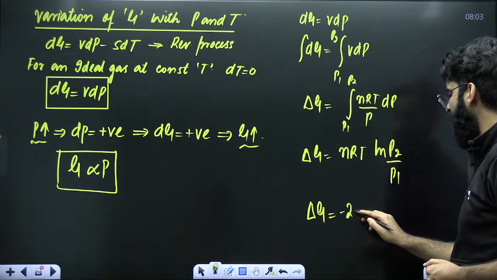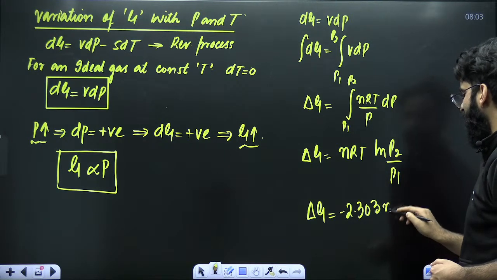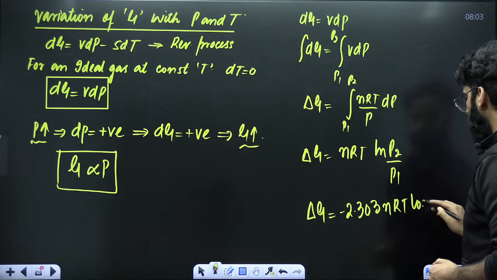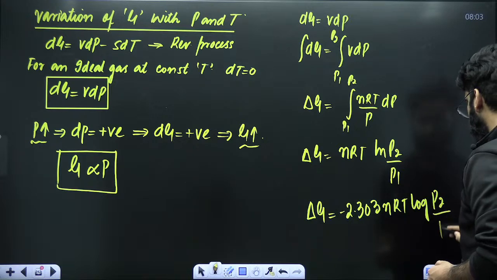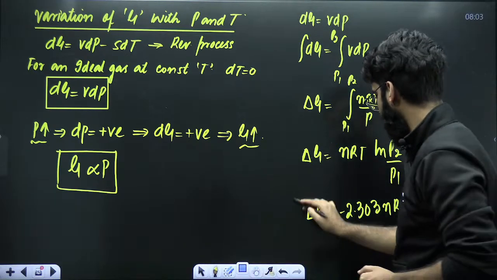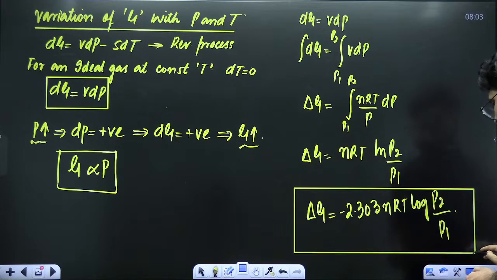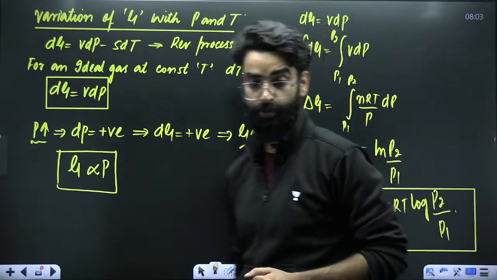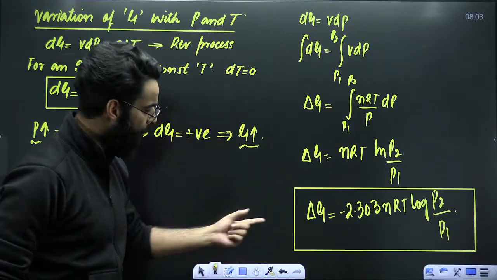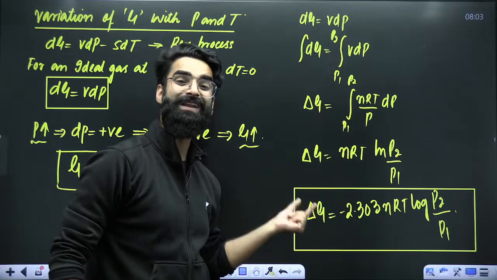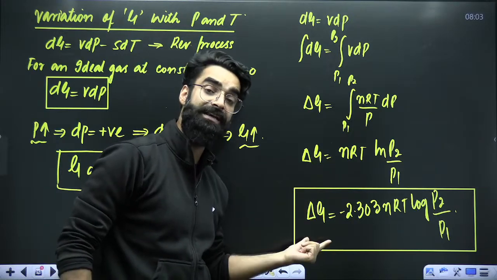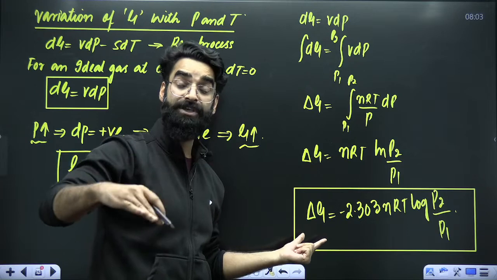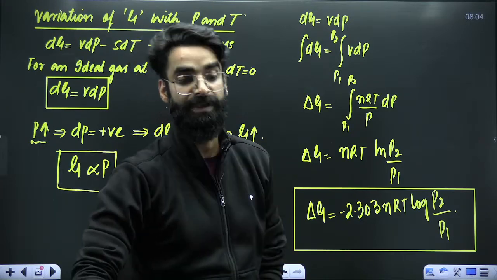Delta G is equal to 2.303 nRT log of P2 divided by P1. What equation is this and when is it used? This equation is used to calculate the Gibbs free energy change of an ideal gas, which is kept at constant temperature, whose pressure we are changing from P1 to P2.